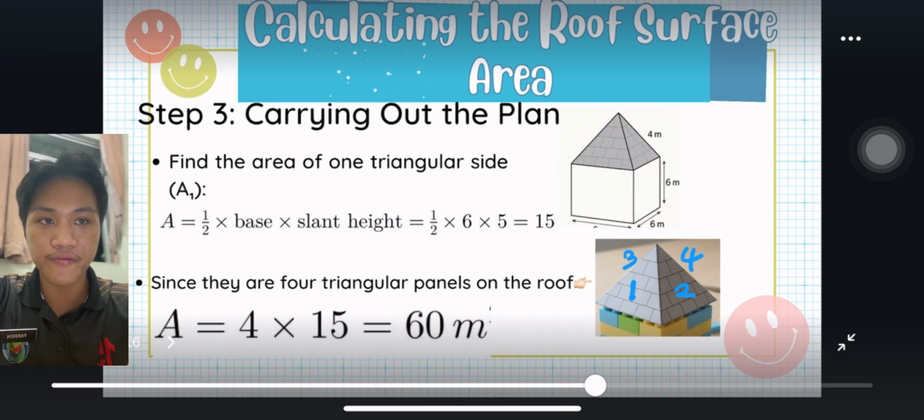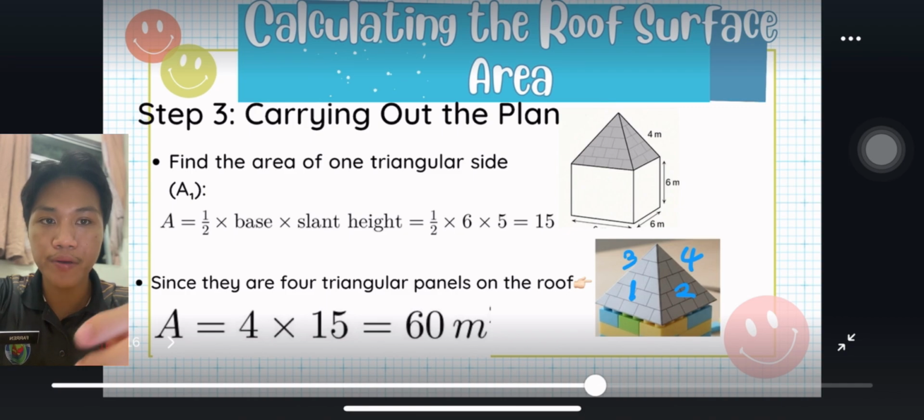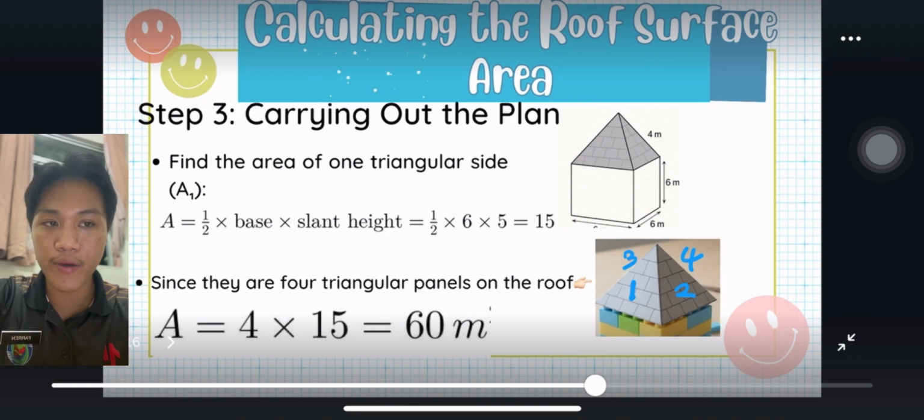Now, the roof surface area is the total area of the 4 triangular faces of the pyramid. The formula is area equals 1/2 times perimeter of base times slant height.